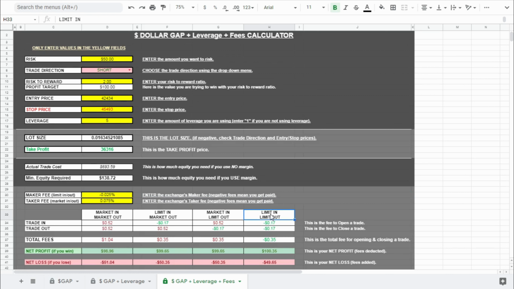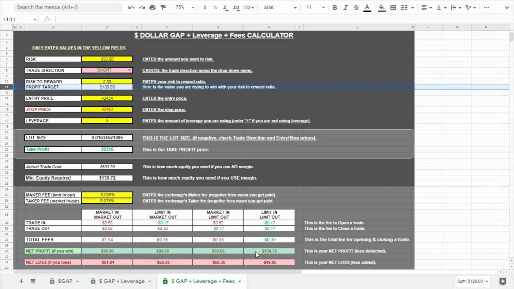All right, so because we're adding liquidity, because we're limiting in and limiting out, we get the best rate, which is the minus 0.025. In these sections, a negative means we're being paid. So if we won and we were going for 100, what do we get?